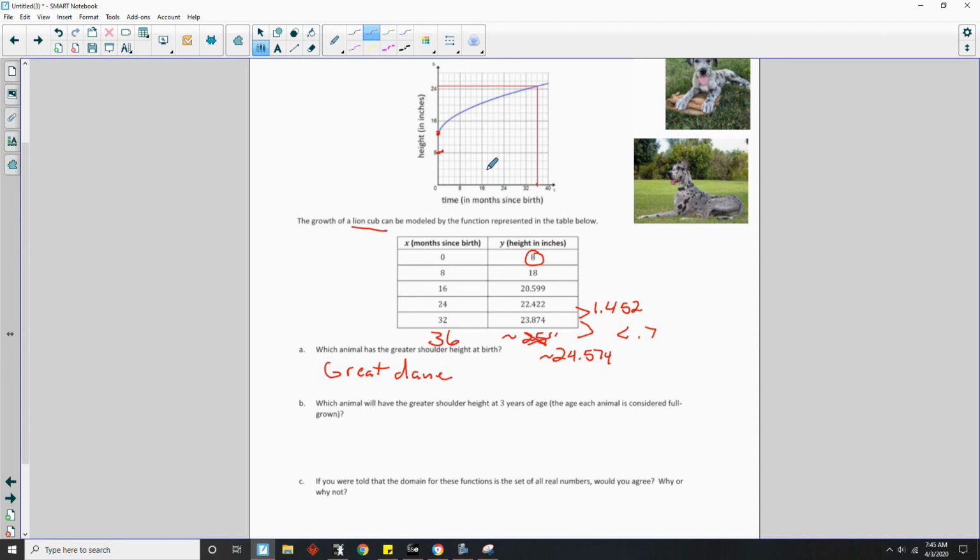So 24 and a half would be up higher. So I would say the lion would have a higher shoulder height. 24.574. This is not 24.5. 24.5 would be up a little higher. Okay, but it's really close. It's hard to determine exactly.